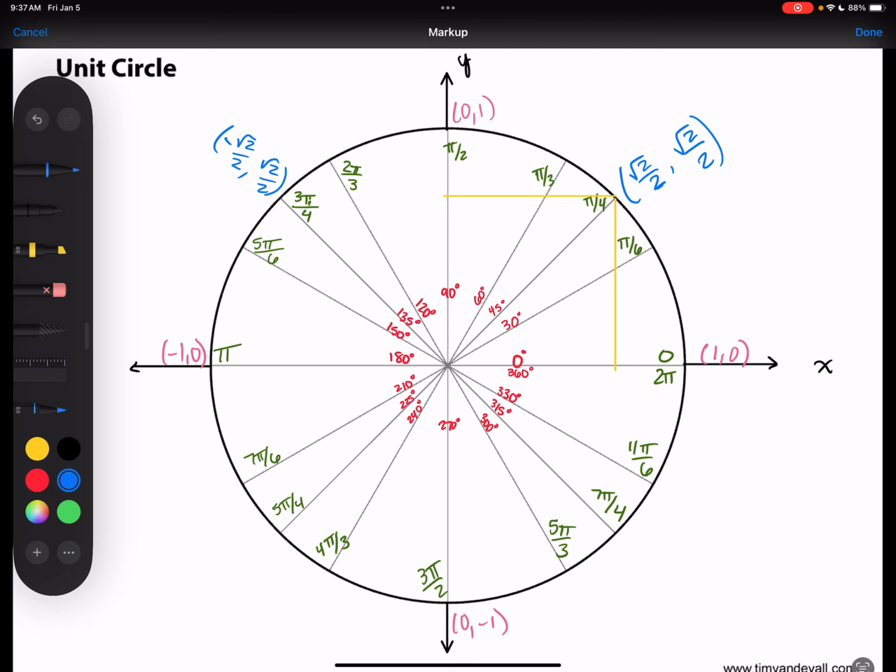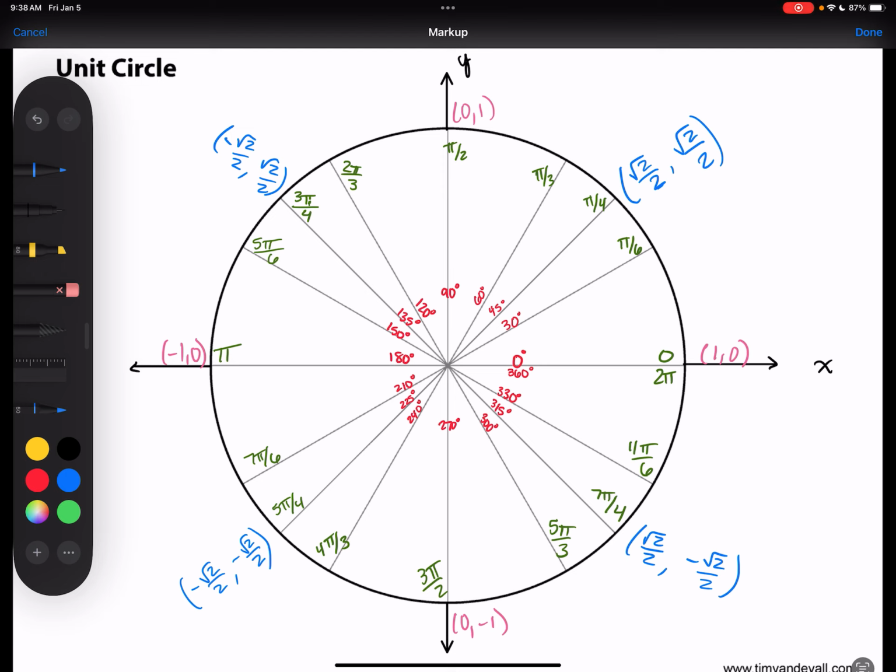Then as we come down here, x and y are both negative, so it's going to be negative root 2 over 2, negative root 2 over 2. And as we get to 7 pi over 4, x is positive, y is negative, so this is going to be root 2 over 2 and negative root 2 over 2. And now we have all the coordinates for that.